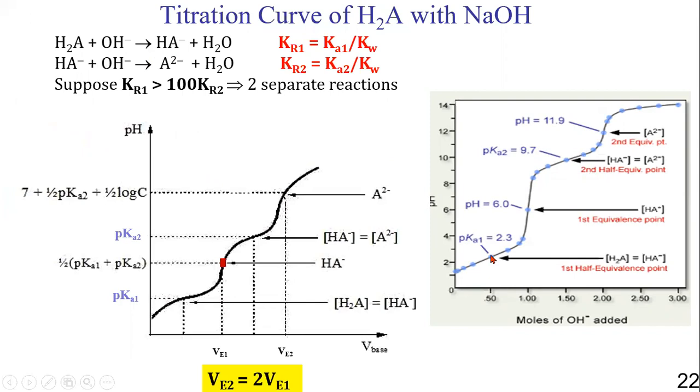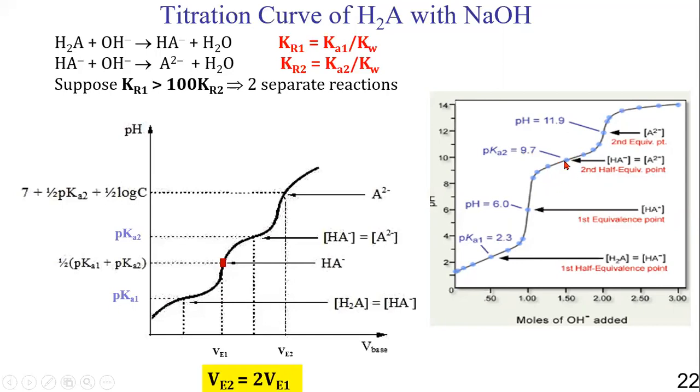And if I tell you that I am at pH equals 9, and I ask you for this example what species is the predominant species. Okay? So if we look at the titration curve, pKa2 is 9.7, pKa1 is 2.3.